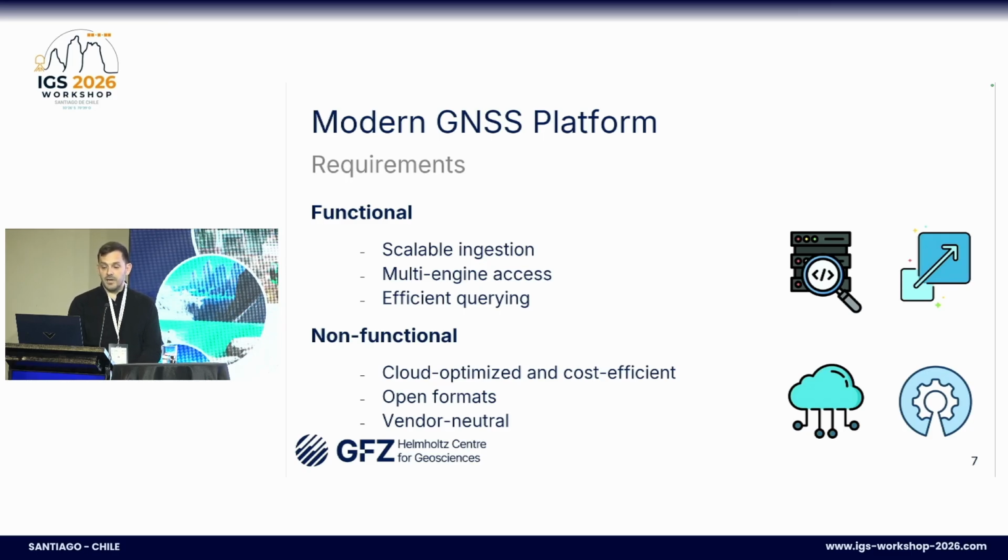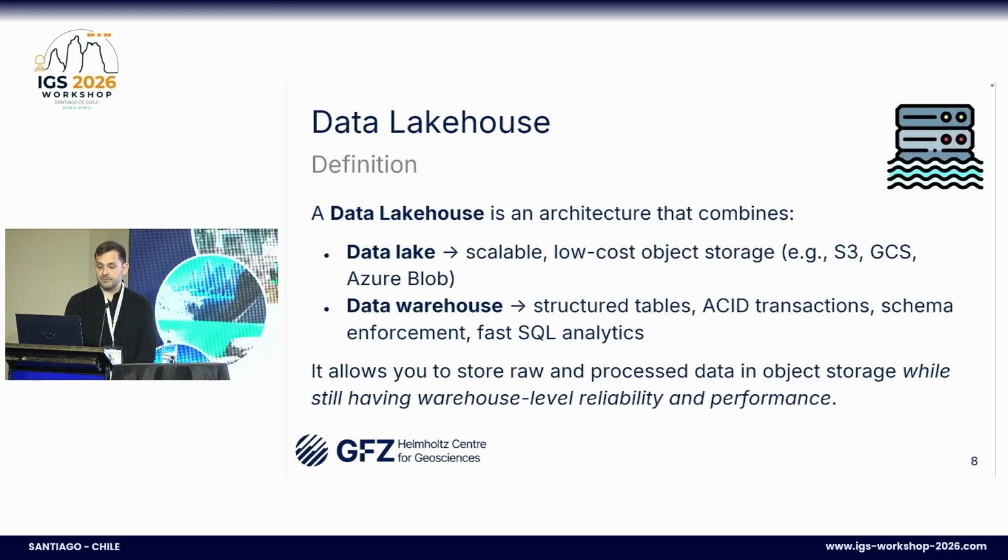We want to allow access to the data for multiple engines, and we want to efficiently query our data. I already said we have to move into an object store, so the format has to be cloud optimized and cost efficient. We want to use open formats, and we also want to be vendor neutral.